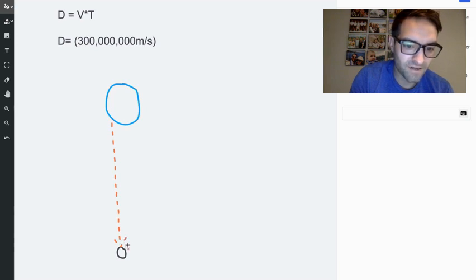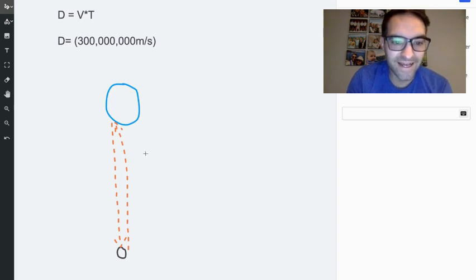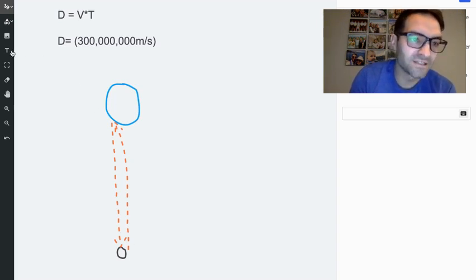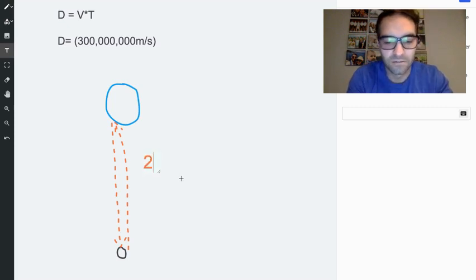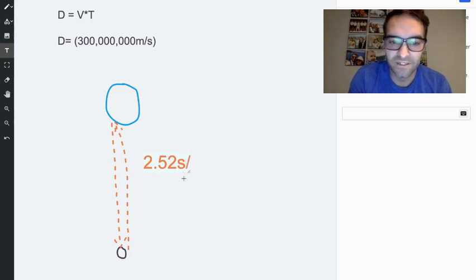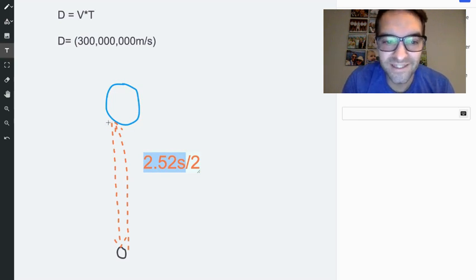And then it's reflecting back to the same spot, really. Like that. And that whole process took 2.52 seconds. So you really need to divide that by 2, by half, to solve what is the distance to the Moon. If you just use 2.52, you're actually solving what is the distance to the Moon and back. So keep that in mind as you complete this equation up there.